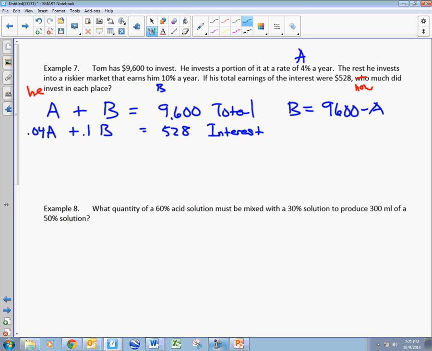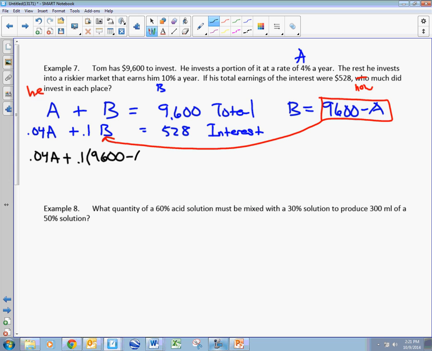Substitution says I could take what B is equal to and plug it in for B right there. So 0.04 times A plus 0.1 times (9,600 minus A) is equal to 528. Now I have an equation with one variable, and now I can solve that. 0.04A plus, what is 0.1 times 9,600? 960.